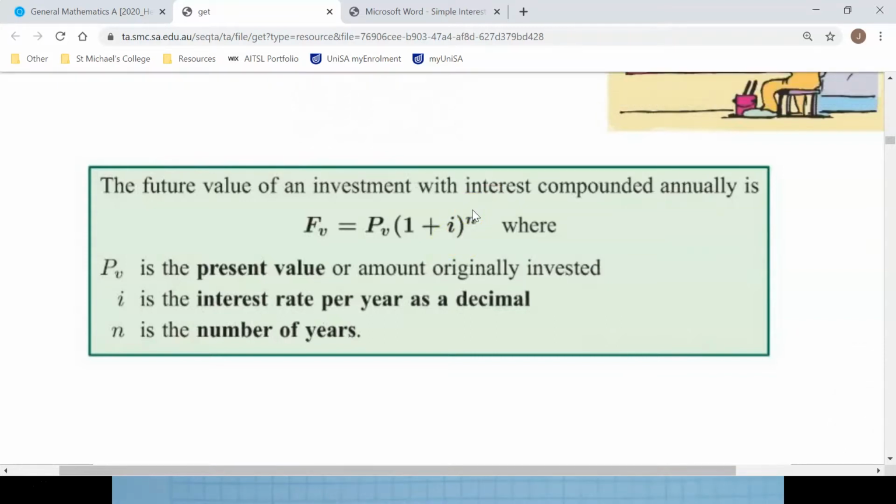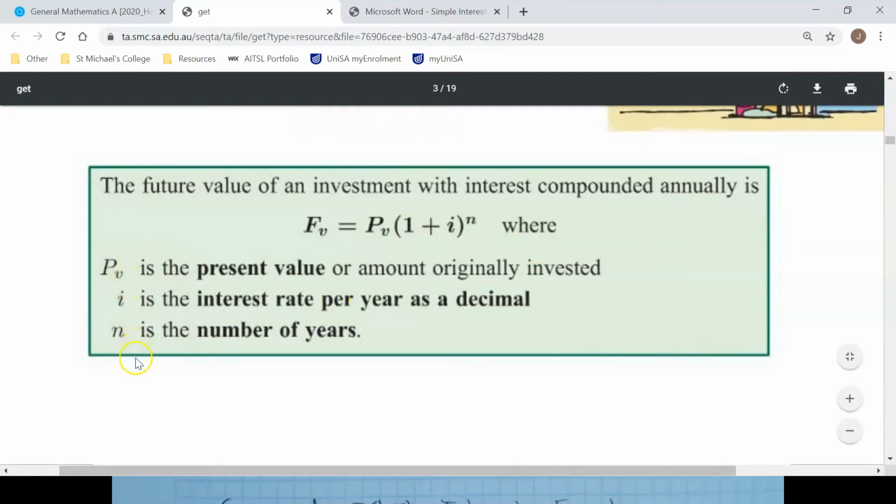So we'll just write this formula down. FV equals PV, and then I'll show you how to use it. Make sure you actually label what each of those different things are.